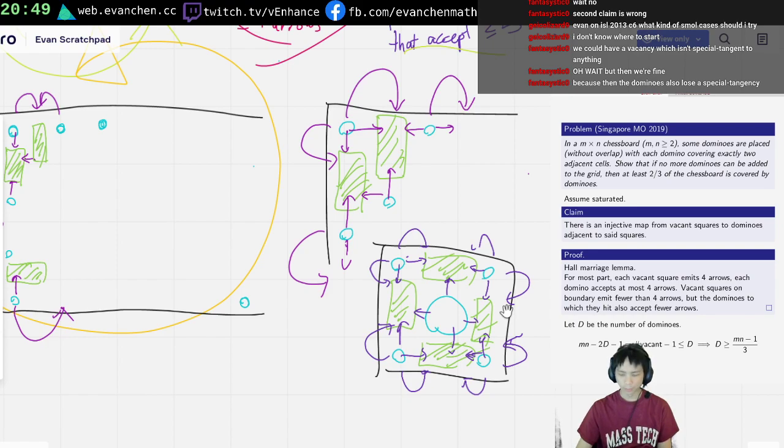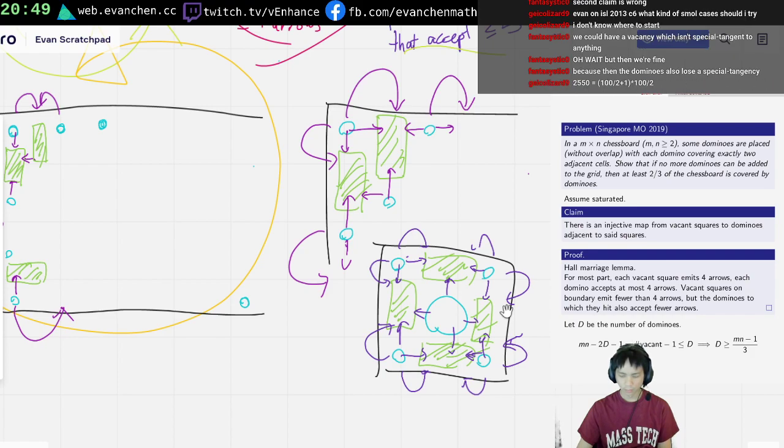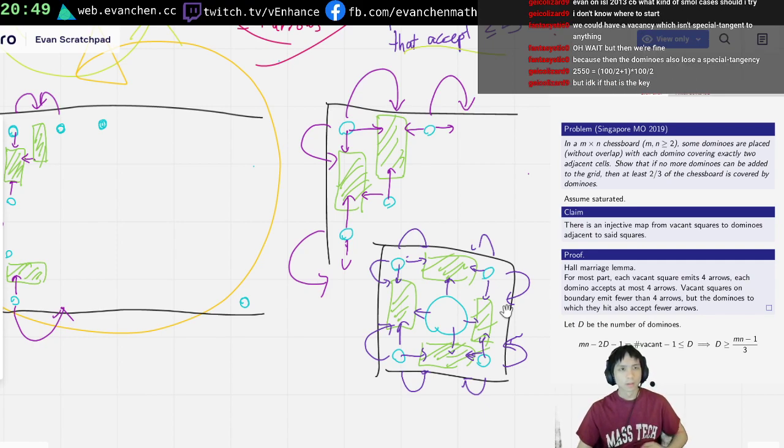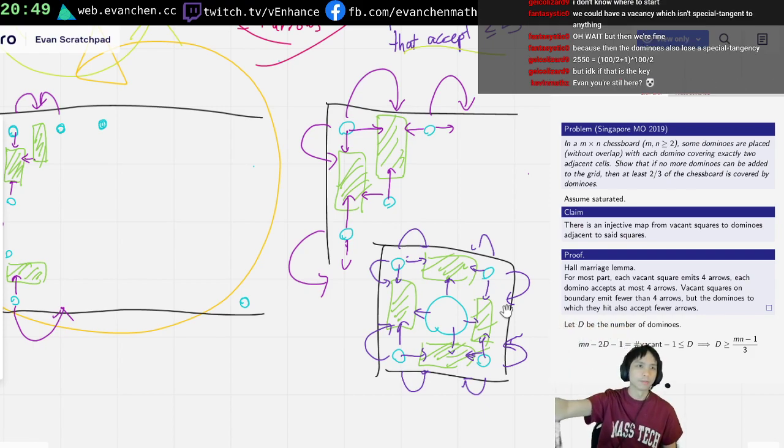And also lose a special tangency. I don't know if that is the key. Well, wait. Yeah, you should just construct a tree that works. And there's a vertex with 2550.